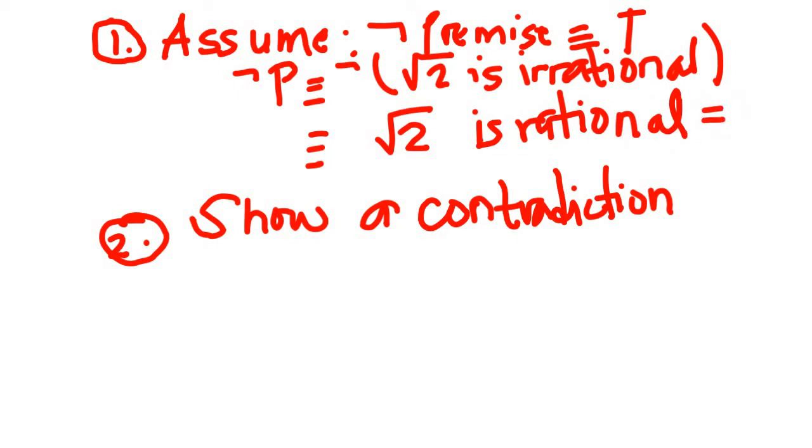And we have to assume it to be true. Now, using this assumption, we're going to show that there is a contradiction somehow.